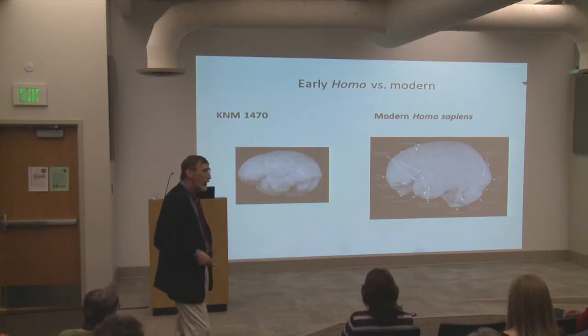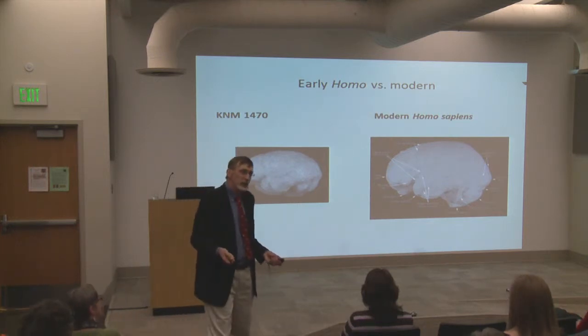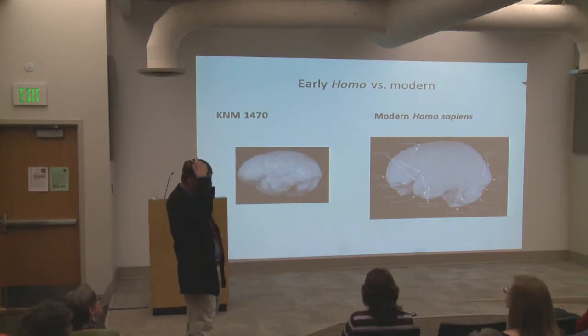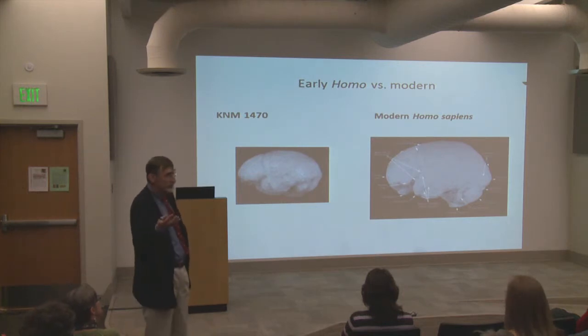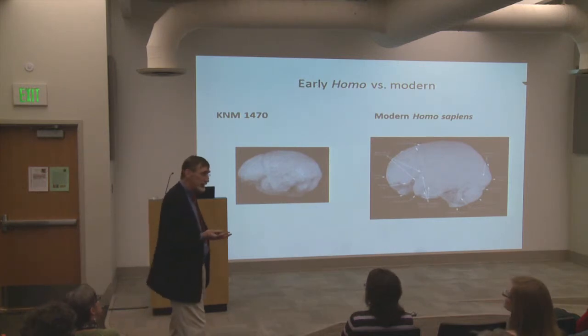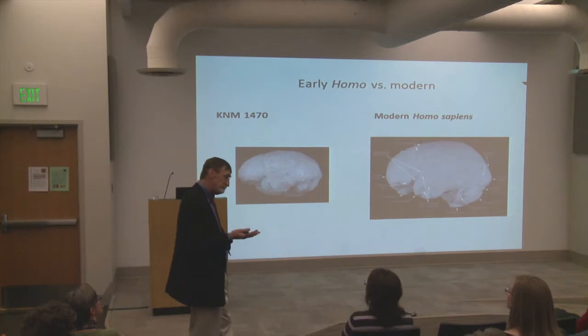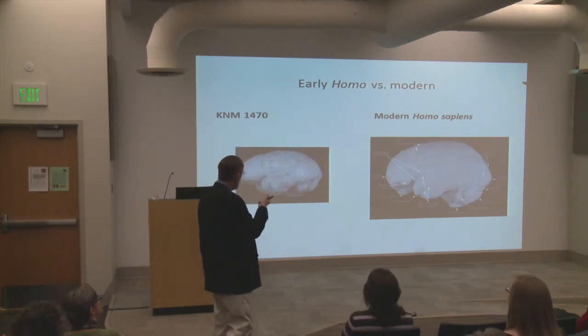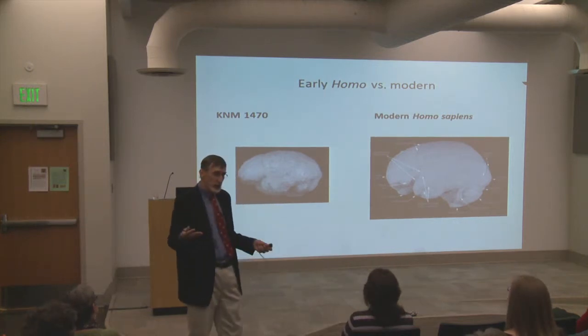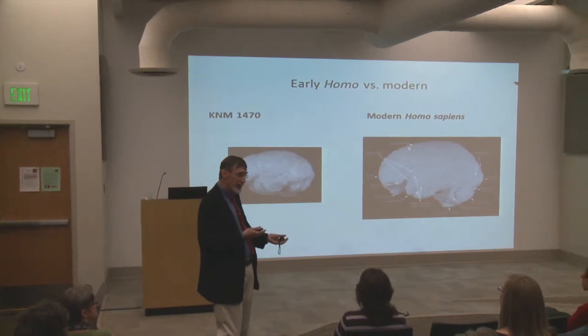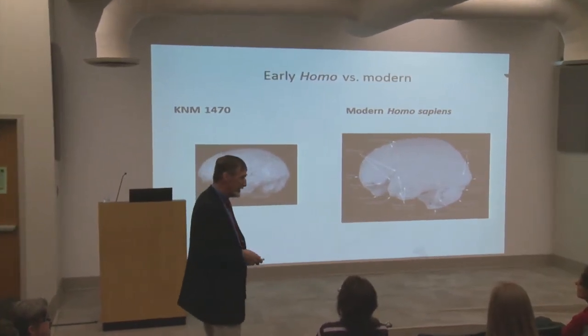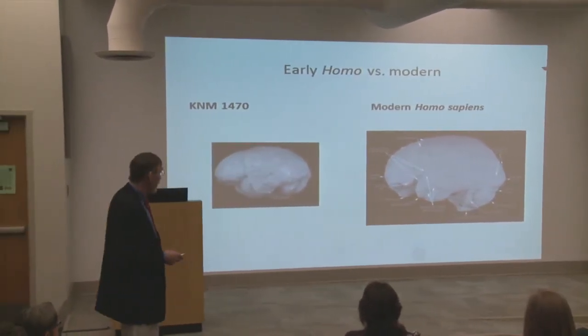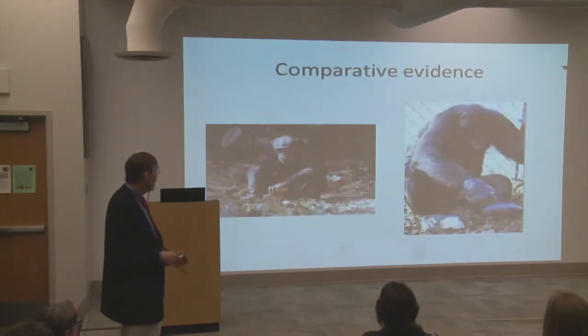Exciting, yes? Of course, the problem is interpreting that. It turns out that chimpanzees have a Broca's area. They don't use it for speech. So the fact that this one has an expanded Broca's area, does that mean they were talking? What do you think? Not necessarily, as it turns out. So it's not all that easy. It's really hard to interpret these things.